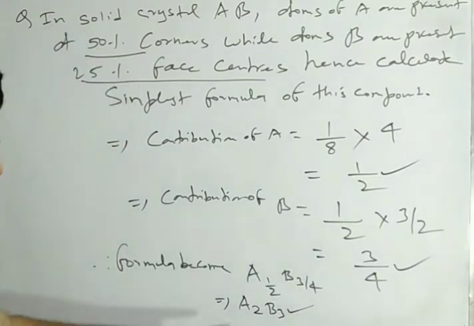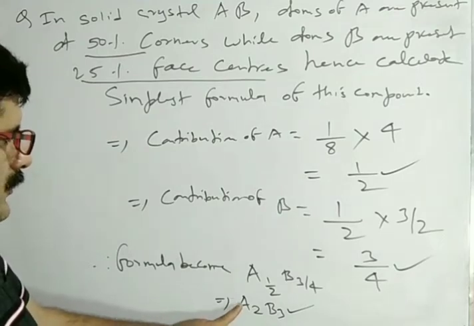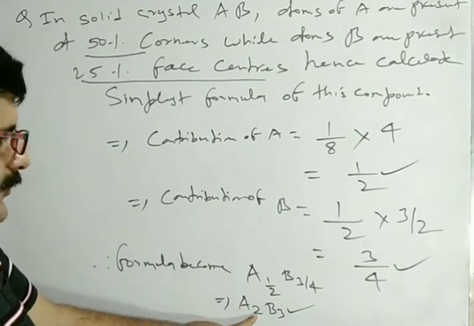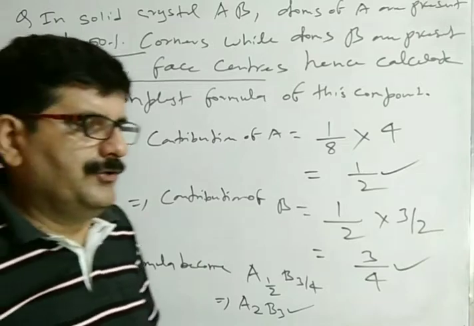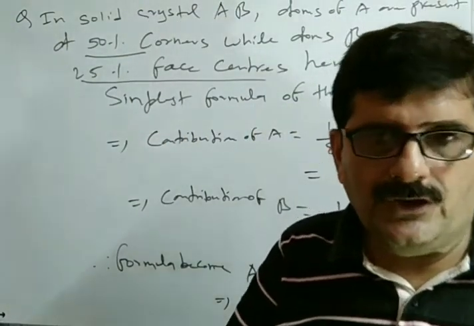The stoichiometric coefficient is always a whole number. Therefore, the atomicity of A is equal to 2 and the atomicity of B is equal to 3 in this crystalline substance.